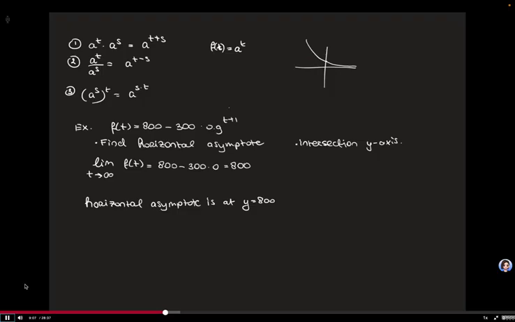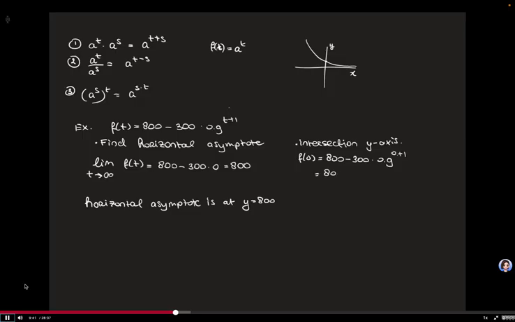For the intersection with the y-axis, we can find that by filling in 0 in our function, because this is our y-axis, and we can see that it's intersecting at x equals 0. So we can say, in that case, f of 0 is 800 minus 300 times 0.9 to the power of 0 plus 1.